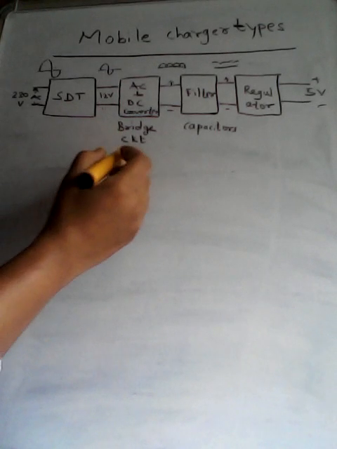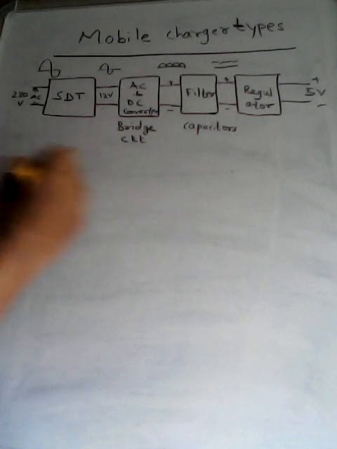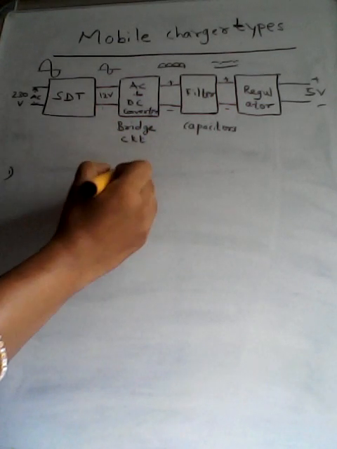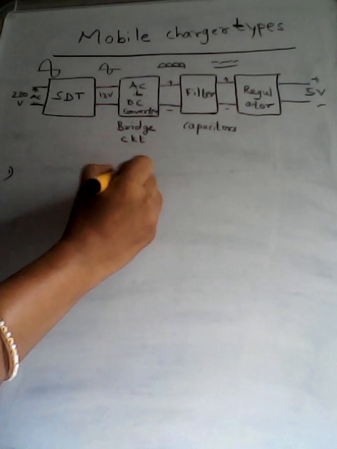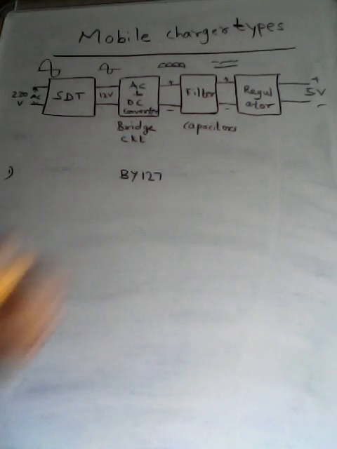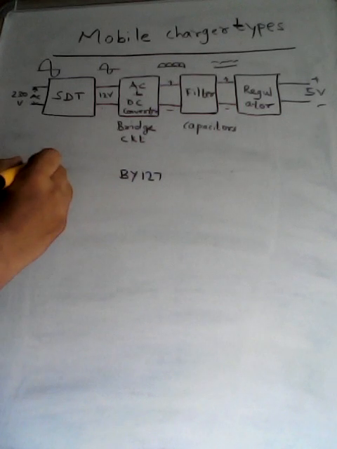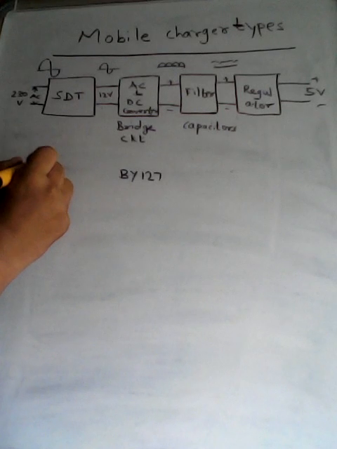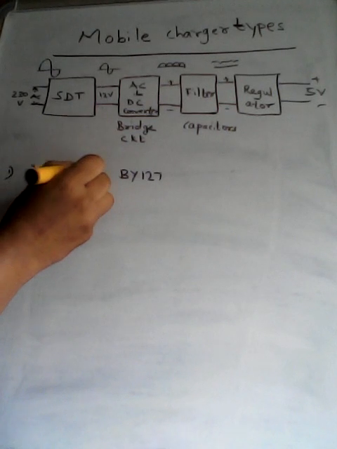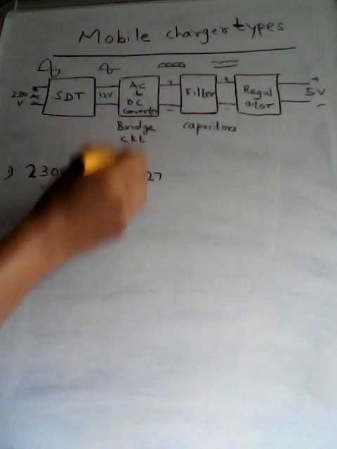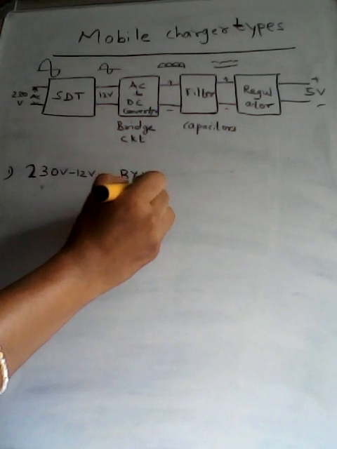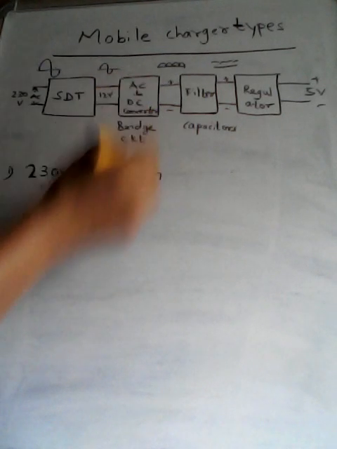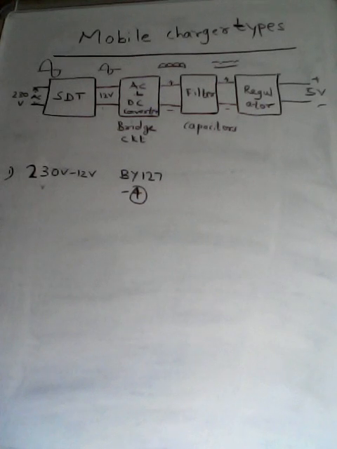So this AC to DC converter bridge rectifier, we can make use of 4 diodes which are of BY127, and step down transformer, we know it is 230 volts to 12 volt transformer, and 4 such BY127 diodes can be used to form the bridge rectifier circuit.